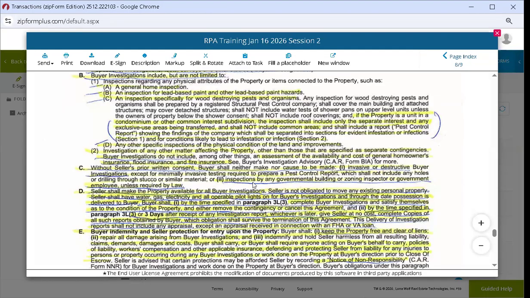It says inspections by any governmental building or zoning inspector or government employee unless required by law. So without the seller's consent, you can't say, hey, I'm going to get the city to come over and check that room. You can't do that unless there's consent by the seller. Okay? So it's right here in the contract.